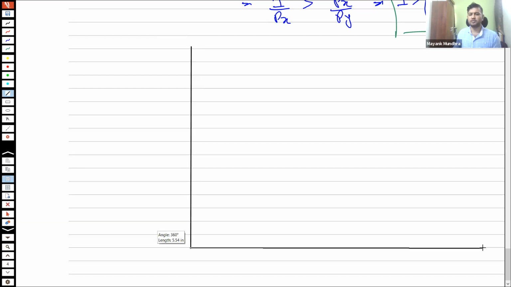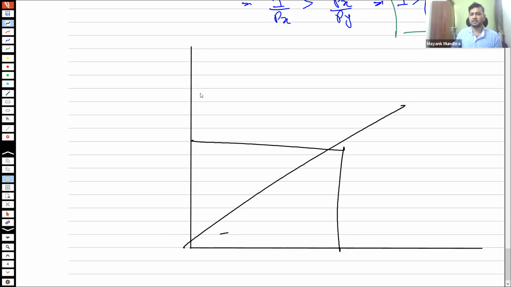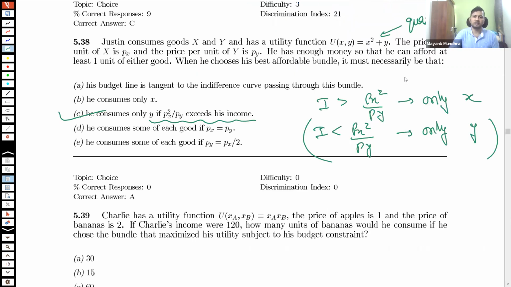It's nothing to do with quasi-linear. With concave preferences, it sometimes happens. Even for the case of max functions, we saw that you either consume only good x or only good y. So that is a feature of concave preferences, not quasi-linear.